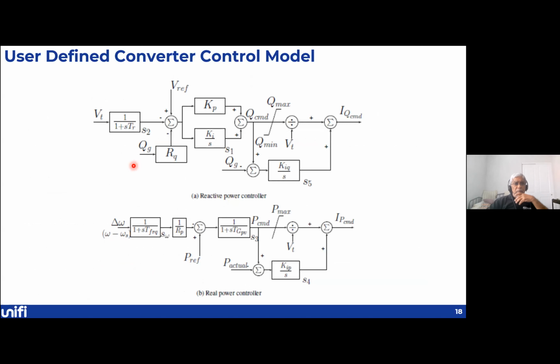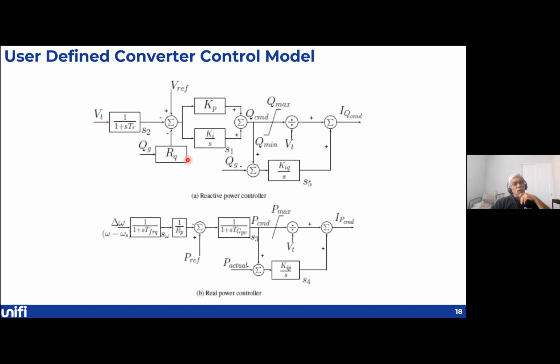So this is a very simple model. This is the reactive power controller and the active power controller. And what we did was in both of these controllers, we actually built in a droop. What we envisioned was basically that if you compare a synchronous machine which is replaced by an equivalent inverter interface resource, this droop would be the same droop that would have been provided on that synchronous machine's governor.